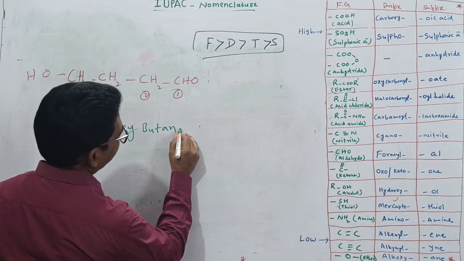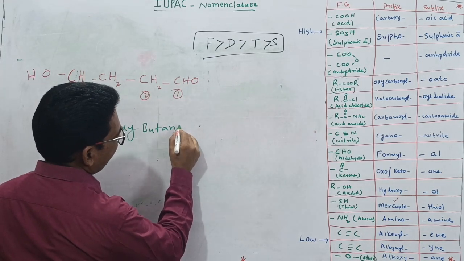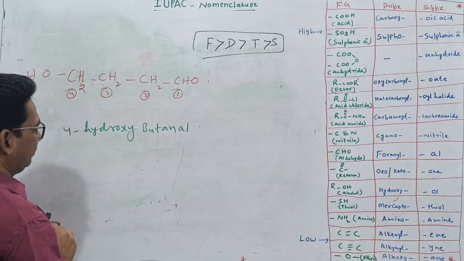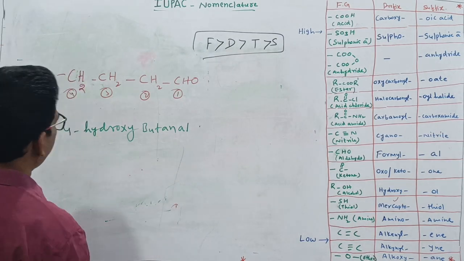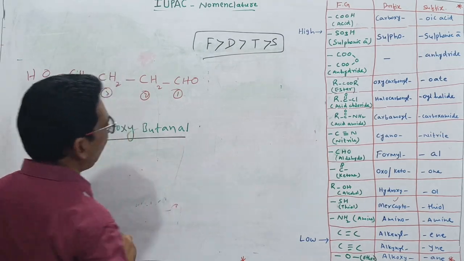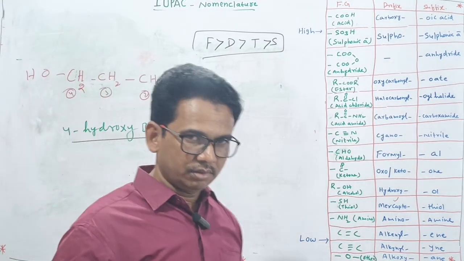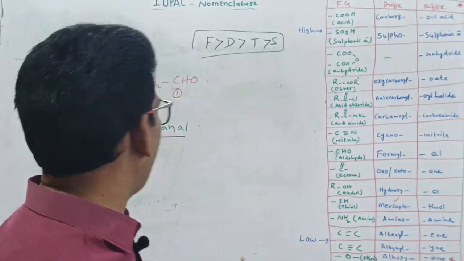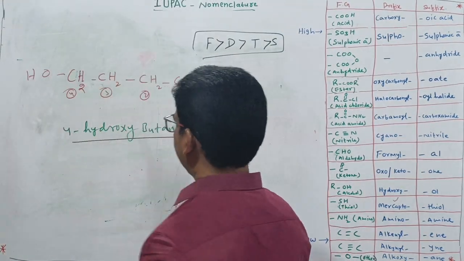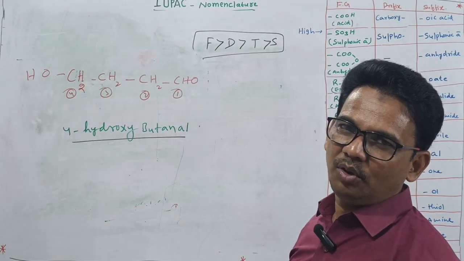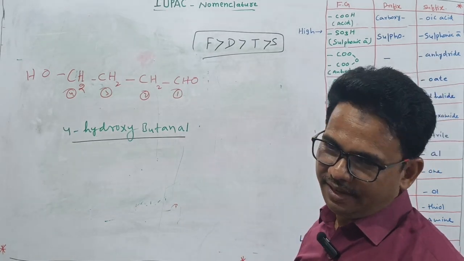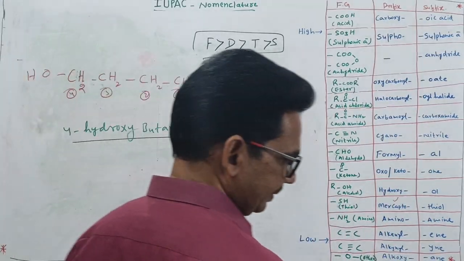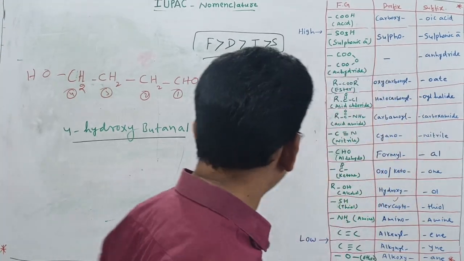Okay, butane. माइनस ई निकाल दिया हूं ब्यूटेन में से. क्या डालना है? ऑल डालना है. ओके, देन व्हाट इज द नेम फॉर दिस वन? 4-हाइड्रोक्सी ब्यूटानॉल. Because aldehyde is present at first position, because that is the more priority group. Okay, समझ में आ गया? अल्कोहल aldehyde दो रहे तो क्या करना है? आई होप समझ में आ गया होगा.